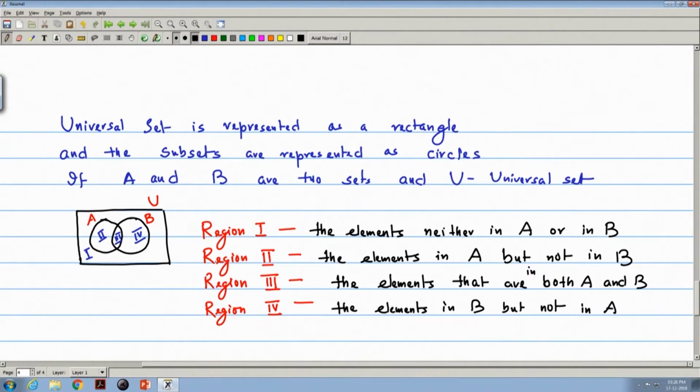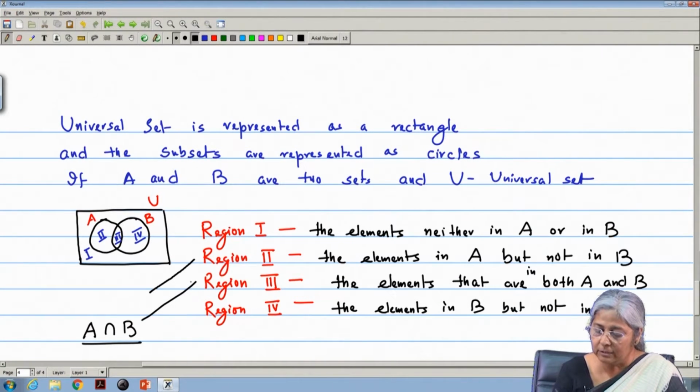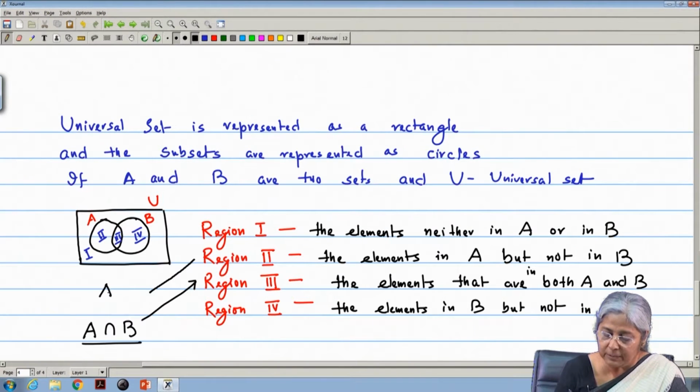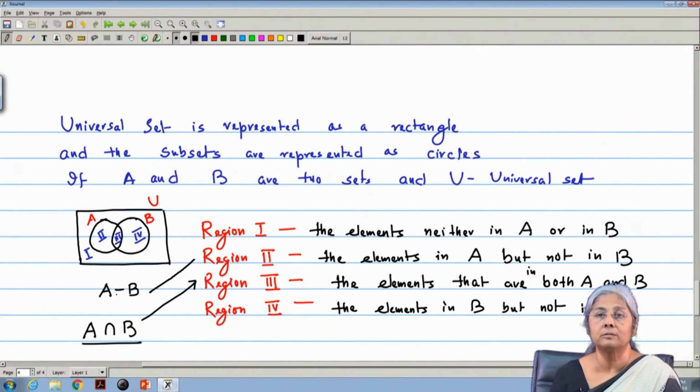Region 3 is the elements in both A and B, that means A intersection B. The elements in A but not in B, region 2, we can simply write as A minus B, set difference.